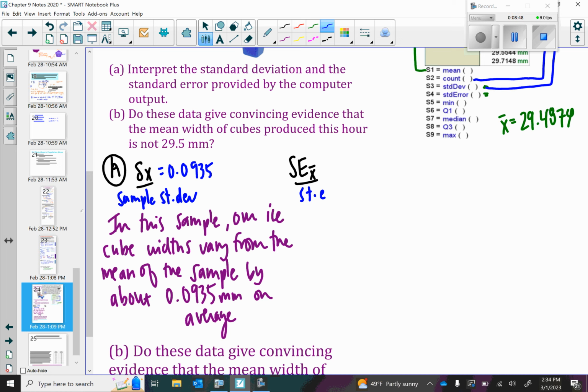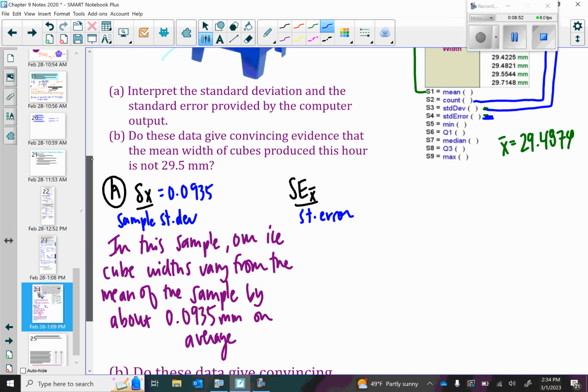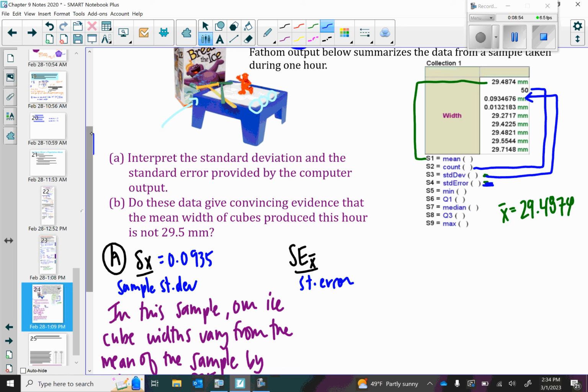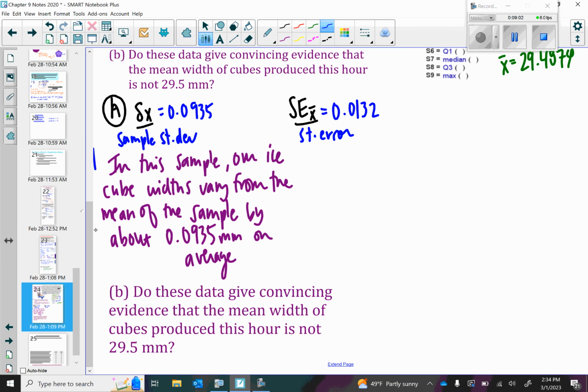Standard error, first off, if we look in our table, is the fourth item down. So our standard error is 0.0132, I will say. And what do we know about standard error? Standard error, we've seen, is an estimate of the standard deviation of our sampling distribution of sample means, which we know to be sigma over the square root of n.